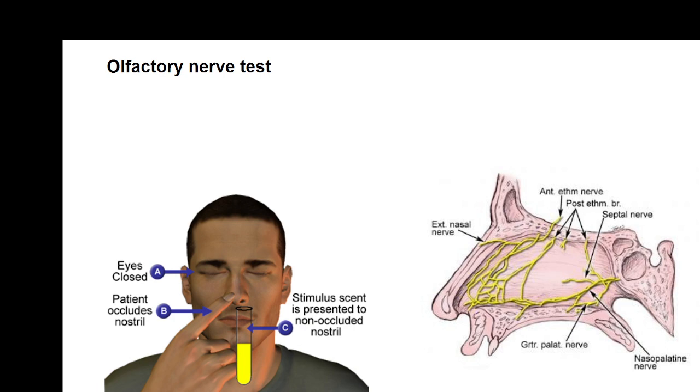If a person has an abnormality of the nasal mucosa, as in cold-like conditions, it could be only a sensory abnormality where the sensory nerve endings are not getting stimulated, and in that condition there would be no other findings except that loss of sensation.